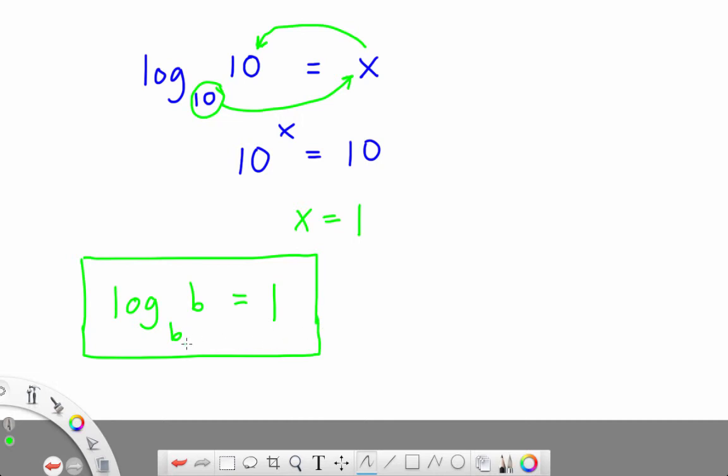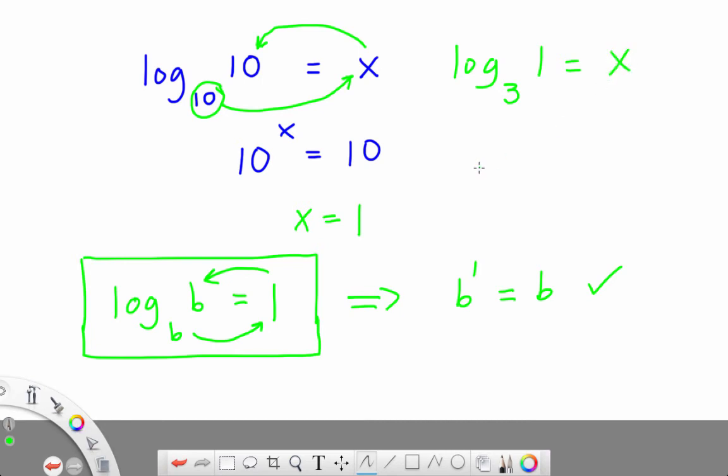So thinking about this, if we convert to exponential form, let's come over here, start at the base, b, go across the equal sign, that becomes the exponent, and then we come back. B to the first equals b, which we know is a true statement. Let's do another example. Log base 3 of 1. What does that equal? Let's set it to x.